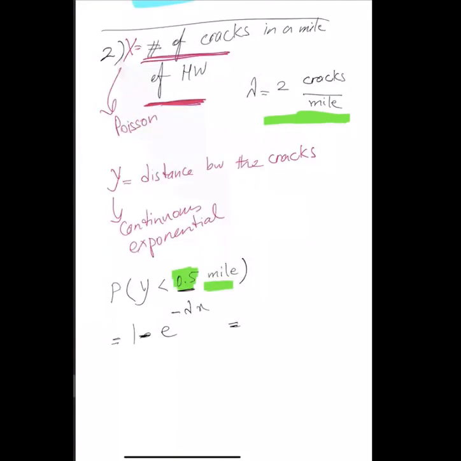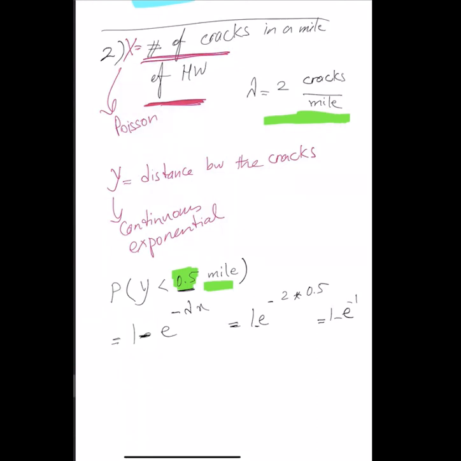So then this is going to be 1 minus e to the power of minus 2 multiplied by 0.5. And that's all you need to be able to do the calculations.